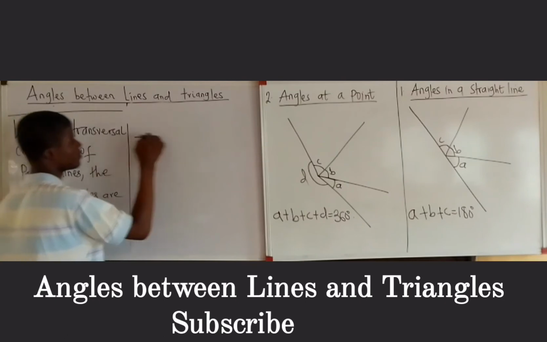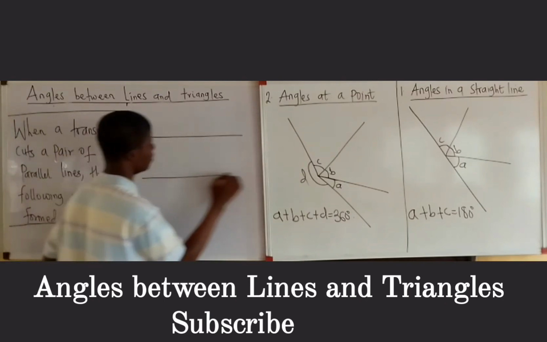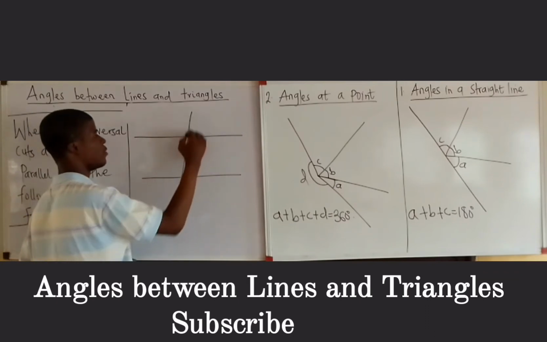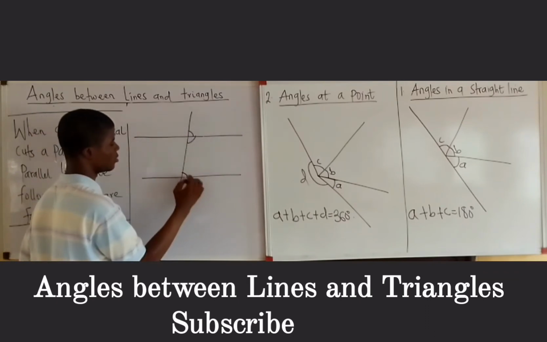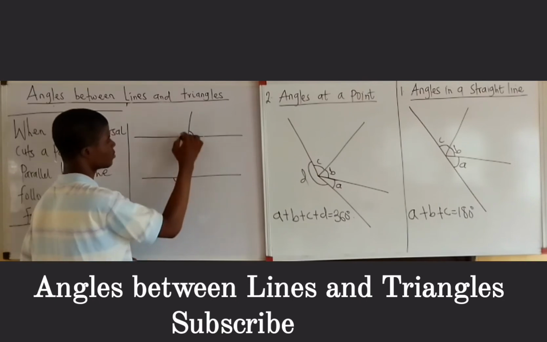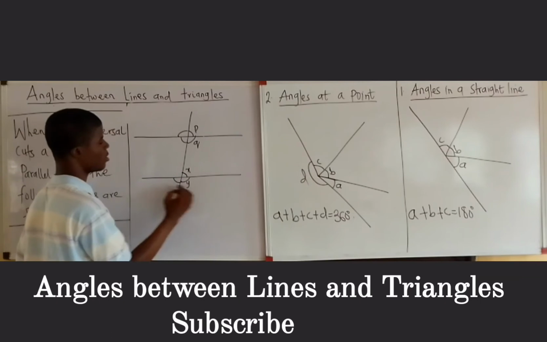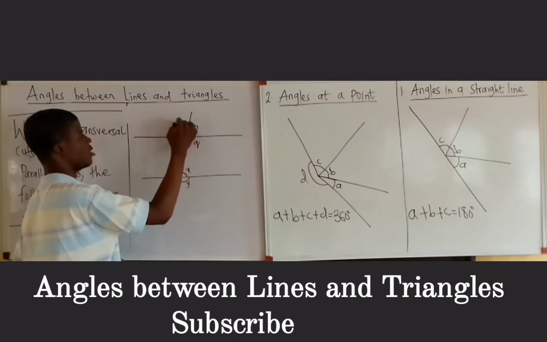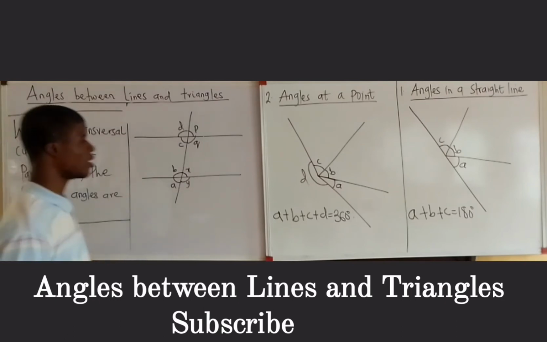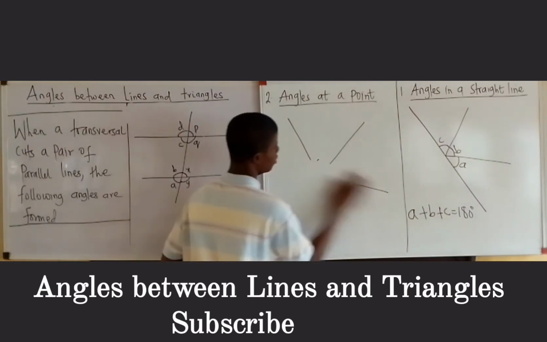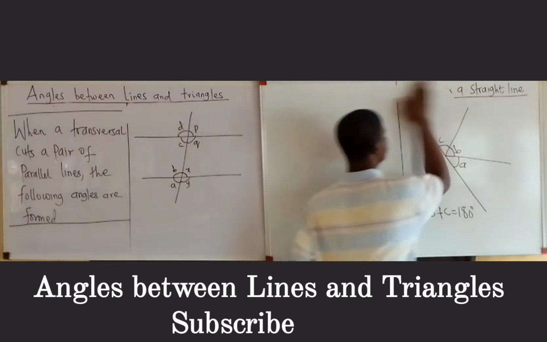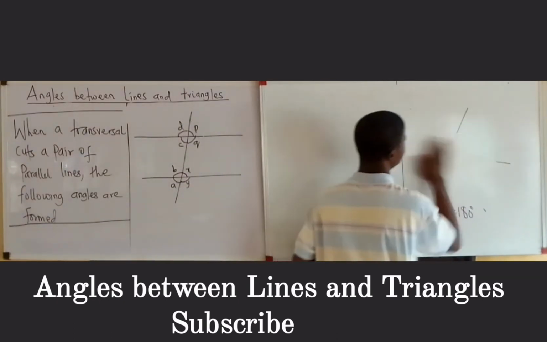So, I have a pair of parallel lines here, for example, and I have formed some angles. Let's quickly label them. Let's call them P, Q, X, Y, and let's call these angles A, B, C, and D. Let's see what angles will be formed and what relationship they have.